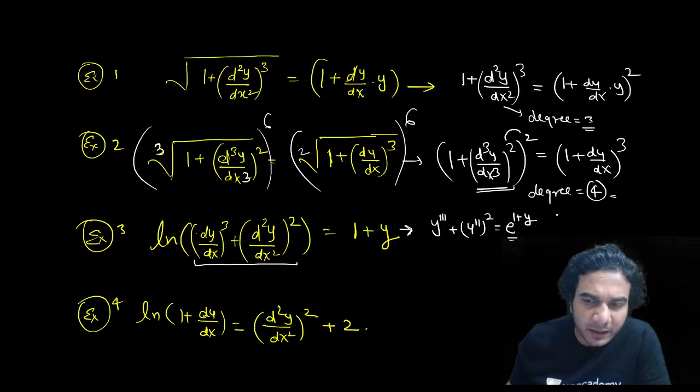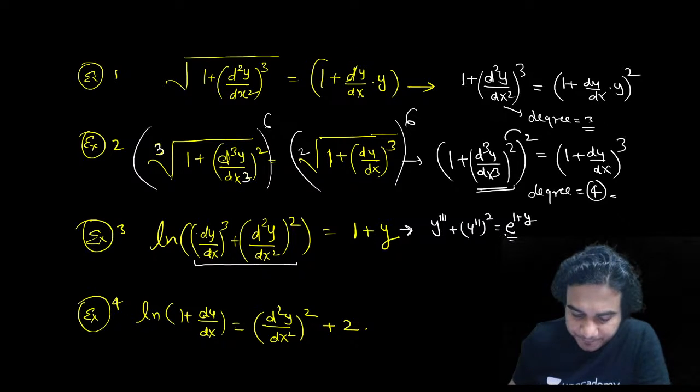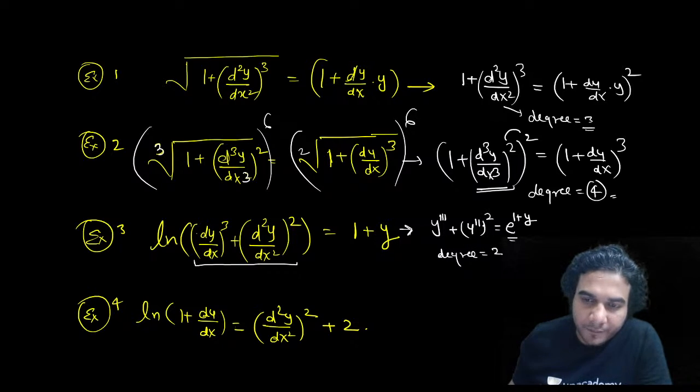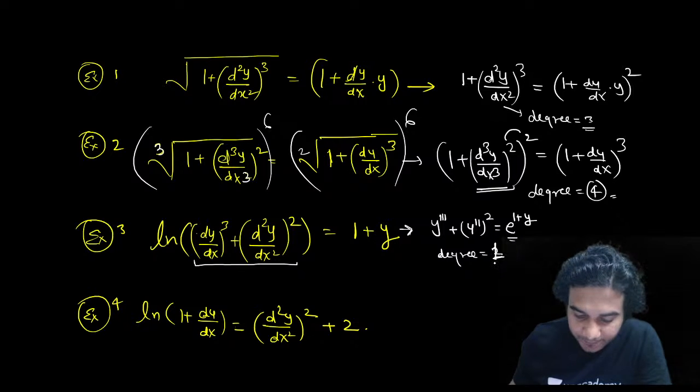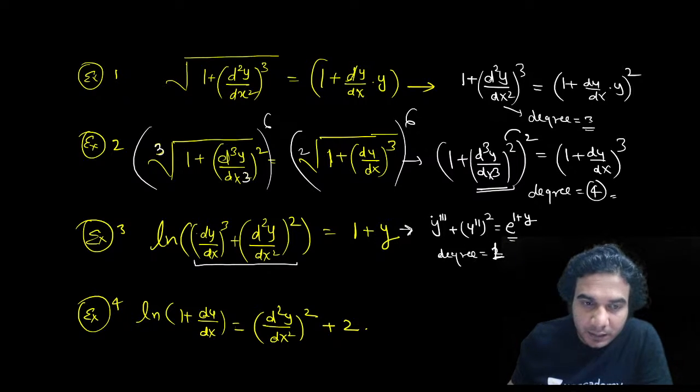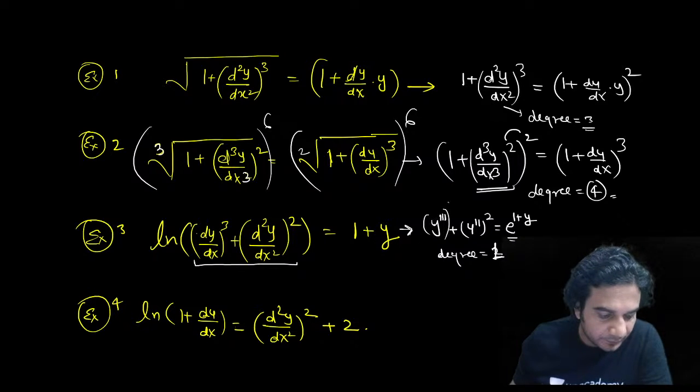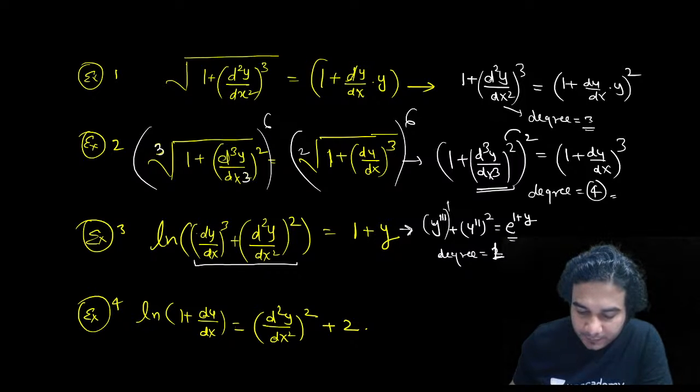Exponential function might be there, some function of x and y. So degree is 2 in this case. Okay, power of second order, sorry, degree is 1, not 2, degree is 1. Third order derivative, so degree of this is 1. Got it? Degree of this is 1.